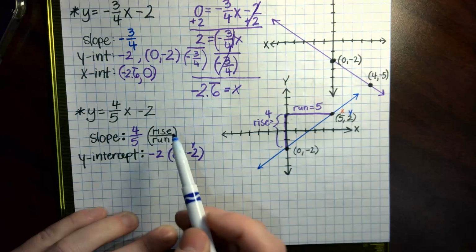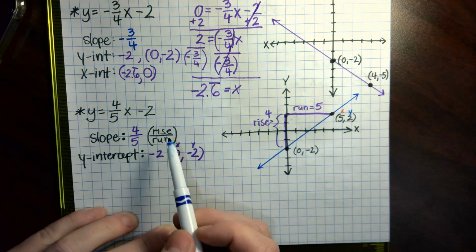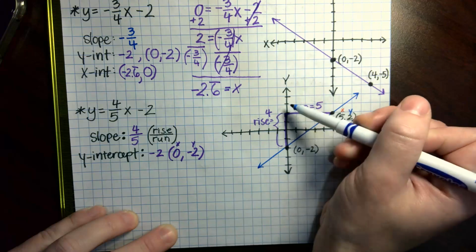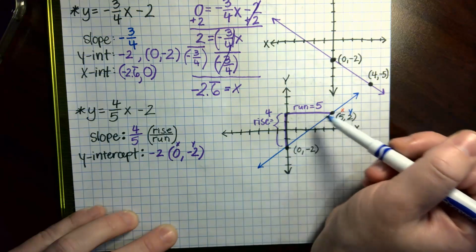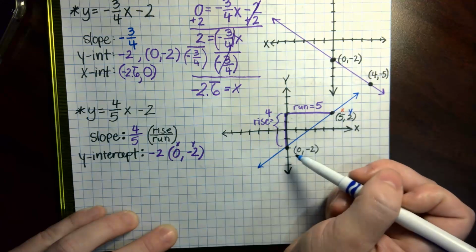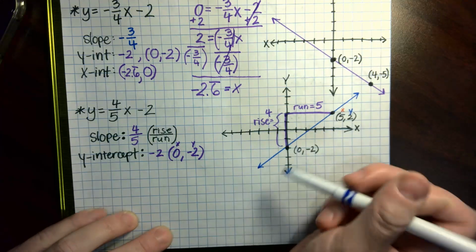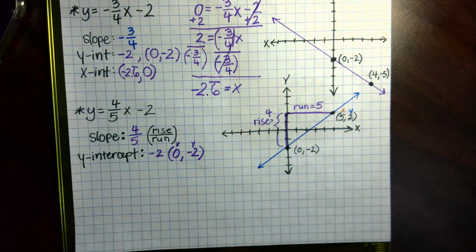The reason I mentioned that slope is kind of an exception is because in this case, we go up and down first, and then we go left to right. When we're plotting points, we start with left to right, and then we go up and down. Got it, okay.